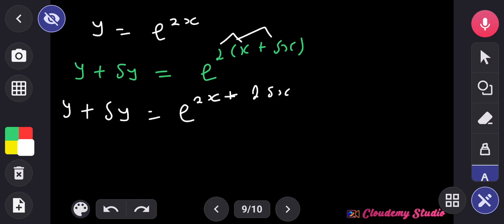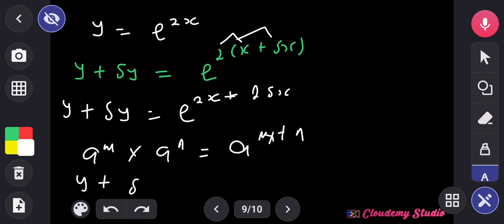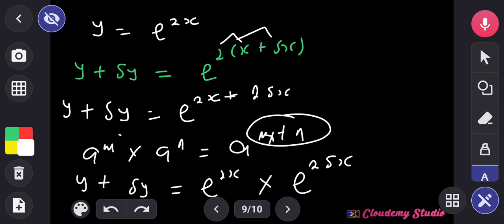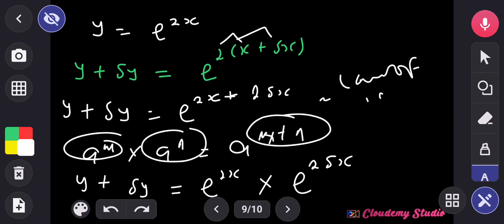But remember that from our law of indices, a raised to power m multiplied by a raised to power n equals a raised to power m plus n, which means basically I can rewrite this one as y plus delta y equals exponential 2x multiplied by exponential 2 delta x. You understand? That is just the law of indices.